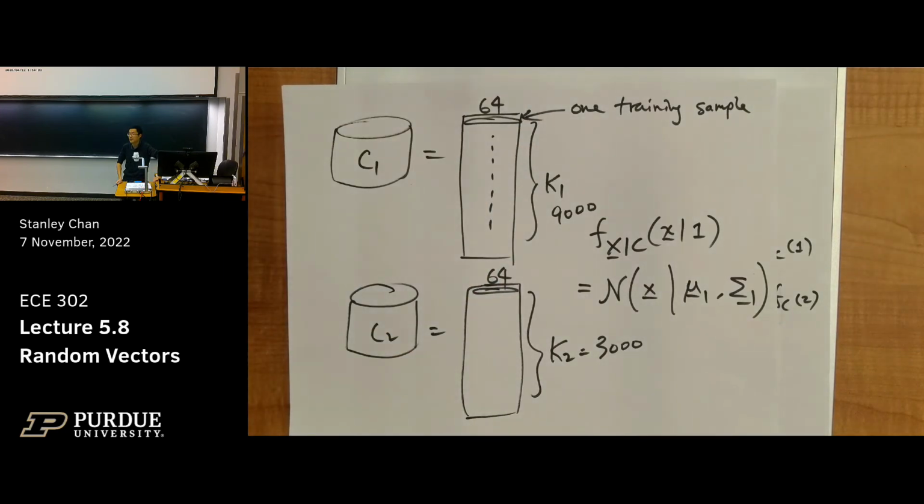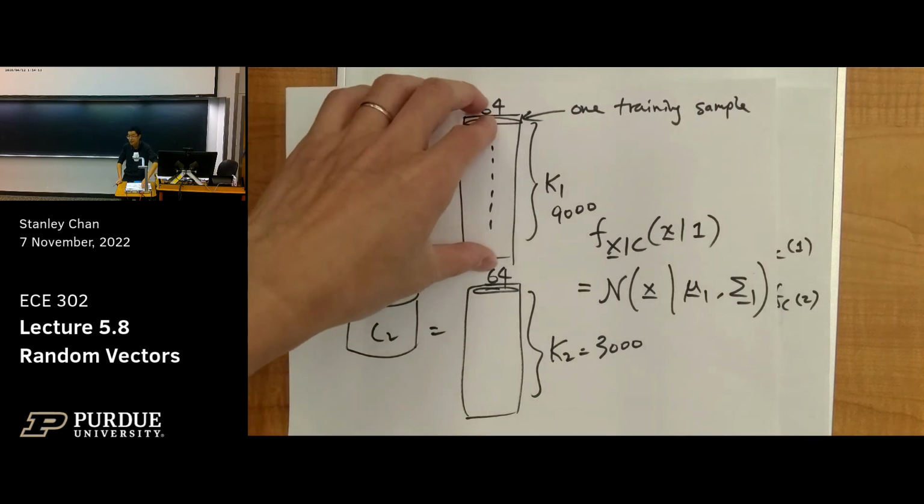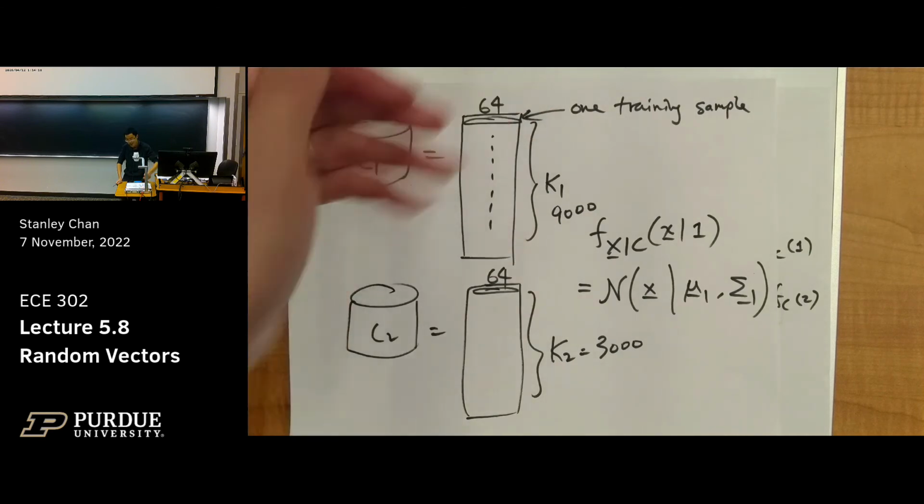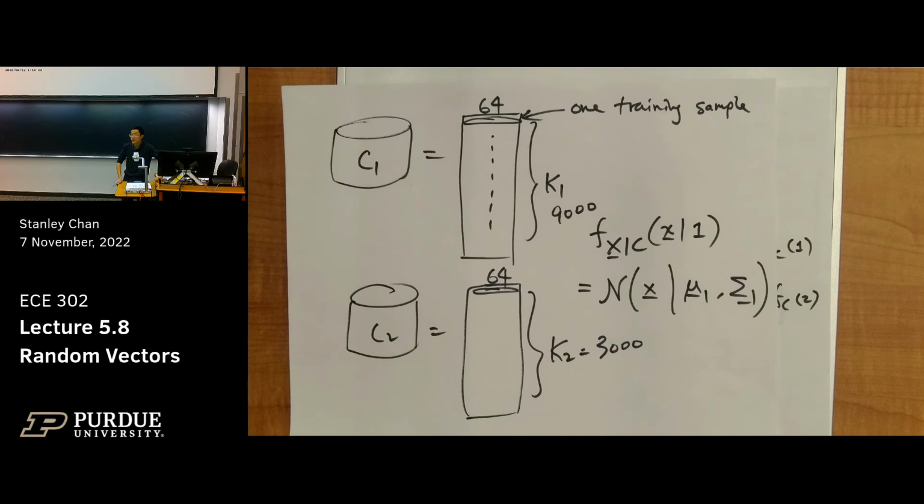Any suggestion? The data is arranged in this format: K1 rows and 64 columns. I just want to find out the mean vector.